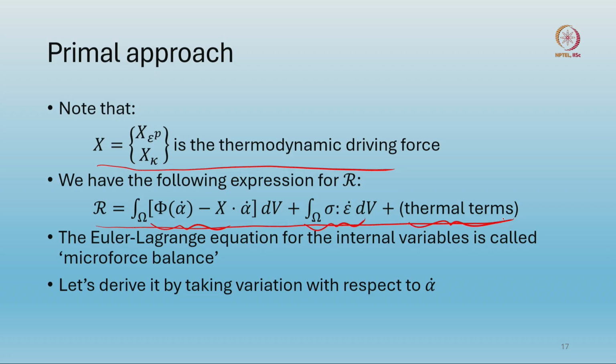Now the Euler-Lagrange equations we will have to do separately. For example, if you do the Euler-Lagrange by varying epsilon, you will basically get the balance law, divergence of sigma plus b equal to 0, which is the standard Cauchy's local balance of linear momentum.